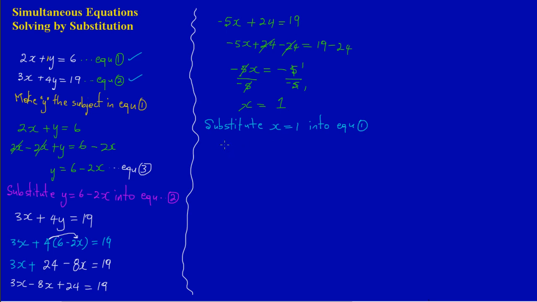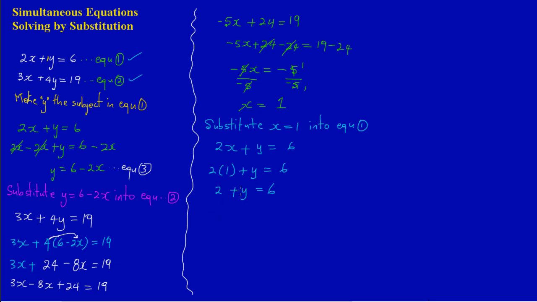Now equation 1 states that 2x plus y is equal to 6. So what this is saying, wherever x is, I can replace it and put 1. So I'm going to say 2 open bracket 1, because 2 is multiplying x, hence 2 is multiplying 1, which is the value for x, plus y, and that is equal to 6. Now I can simplify this by saying 2 ones are 2, plus y, is equal to 6.